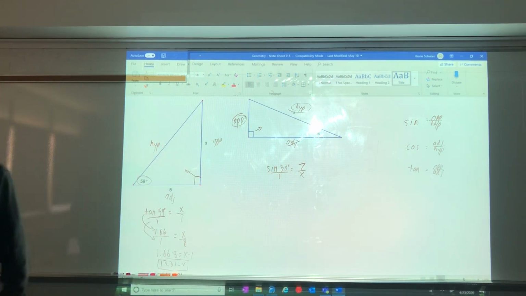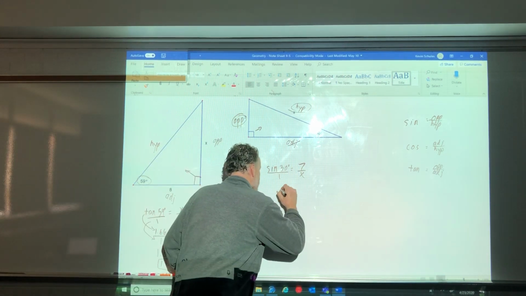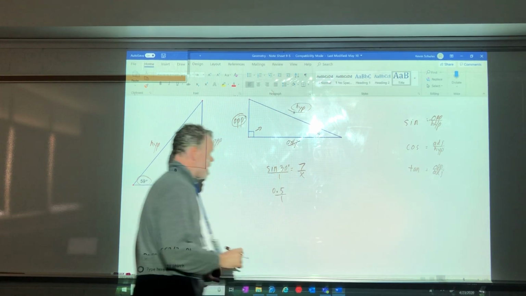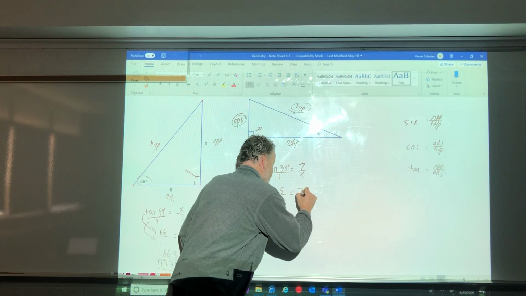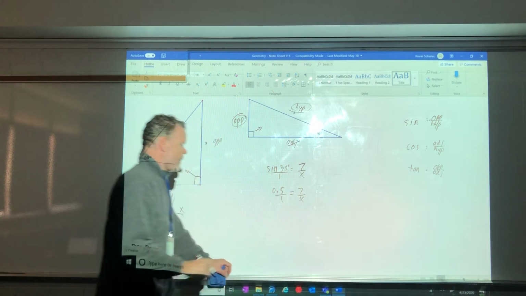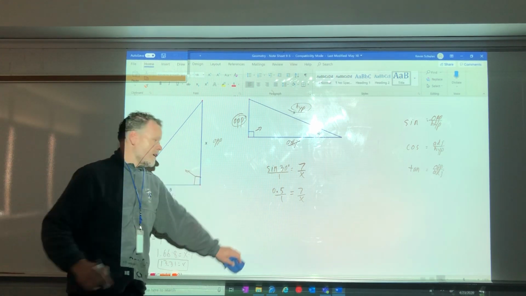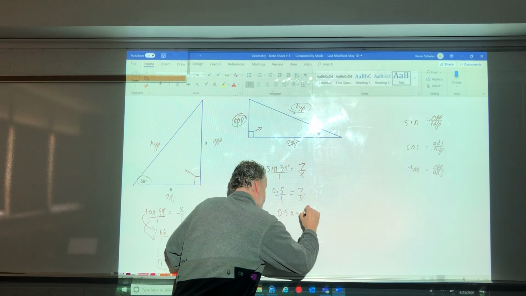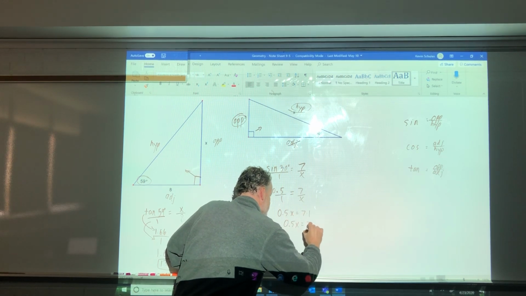And if I put in my calculator sine of 30 degrees, I'm going to get 0.5 over 1, make it 0.5, okay? Equals 7 over x. I'm just replacing everything else that's here, okay? Now we cross multiply. We're going to get 0.5 times x equals 7 times 1.